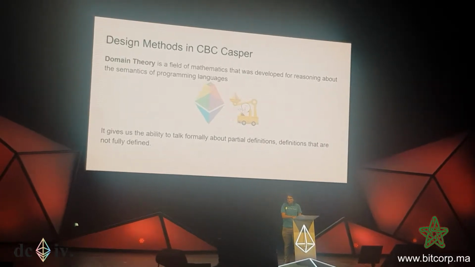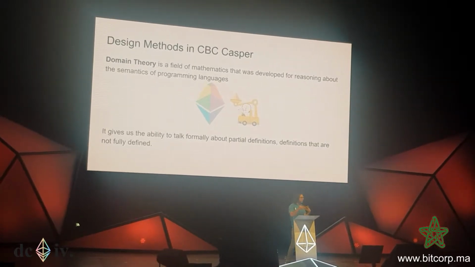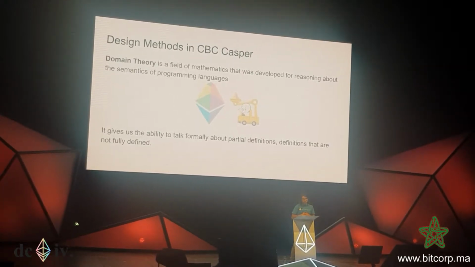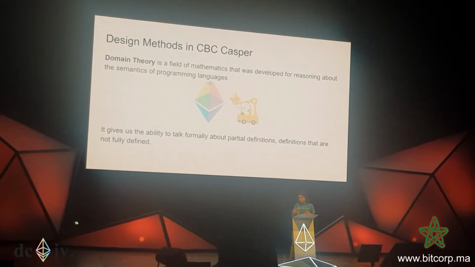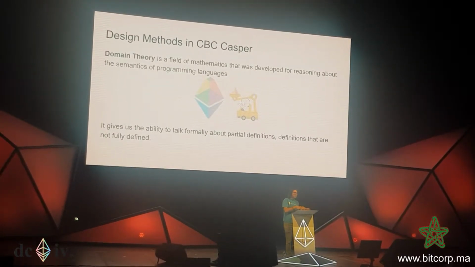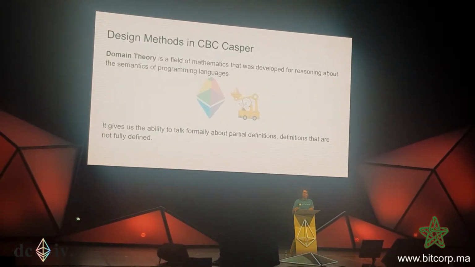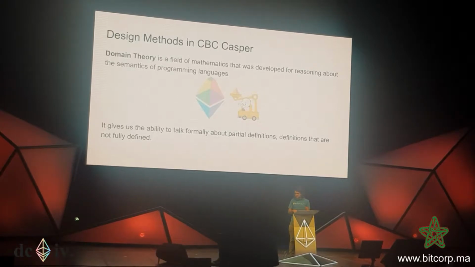We can understand what it means to have a process of defining something, as opposed to just having something that's outright fully defined, as you might have in set theory. You should think of domain theory as something that arose out of people's feeling that set theory was inadequate for dealing with programs and their semantics, especially recursive programs and lazy evaluation.